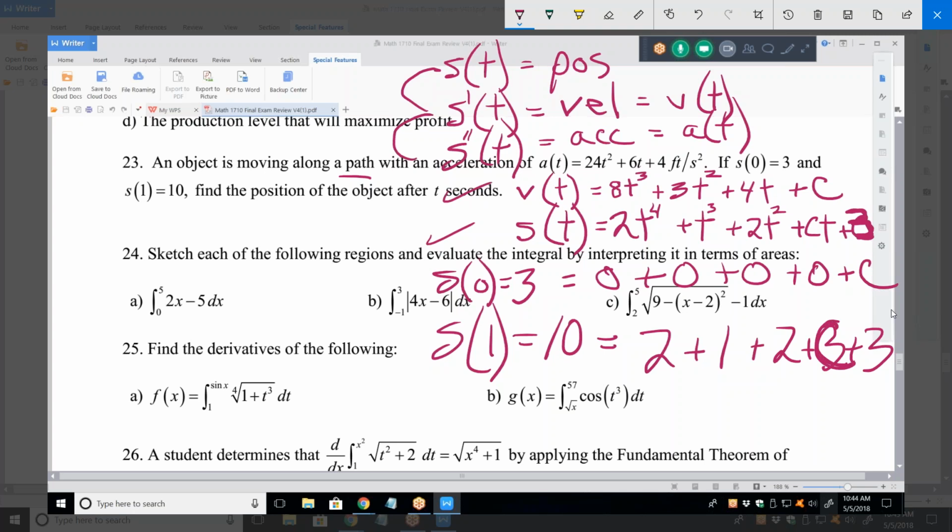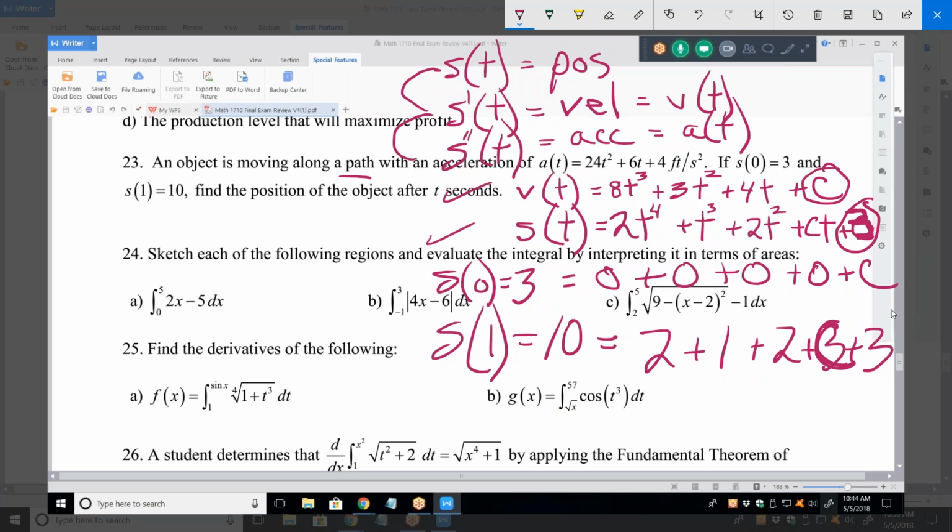That c is 1. That is a different c. Yes, and it can be a different c. This c here does not have to be the same as that c there. And I'll prove it. That second c is 2, not 1, because 5 plus 3 is 8. Correct. Yes, you're right. It is 2, not 1.